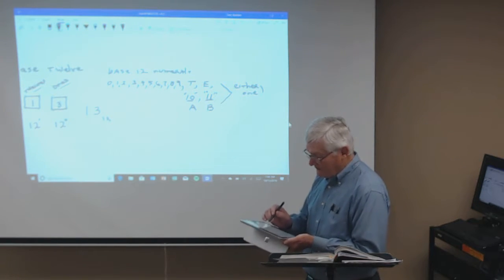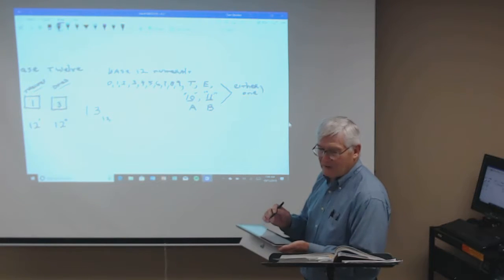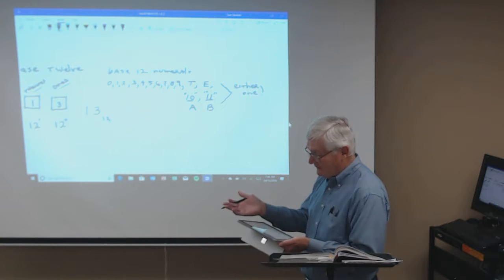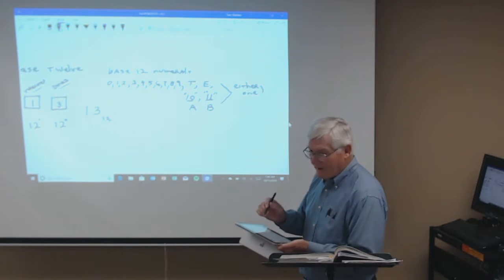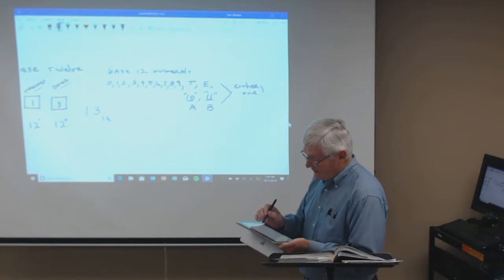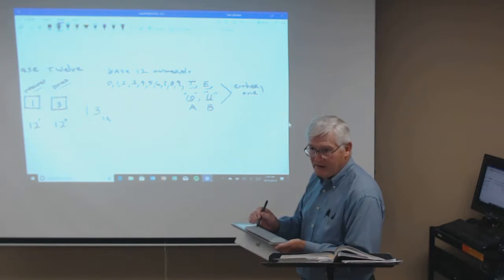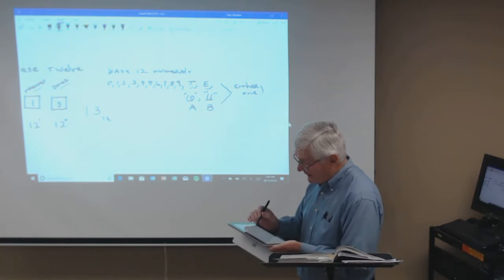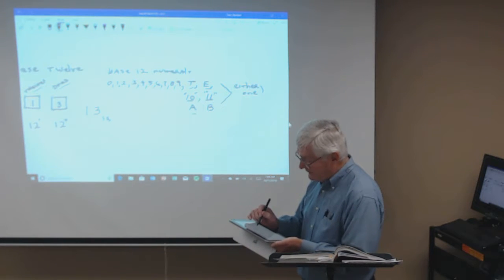So for the base 12, or the duodecimal they call it, it has a number of different names. For base 12, there are 2 ways to talk about it. Some people say 10 is T and 11 is E. See where they get that from, 10 and 11? But other books will talk about 10 is A and 11 is B.